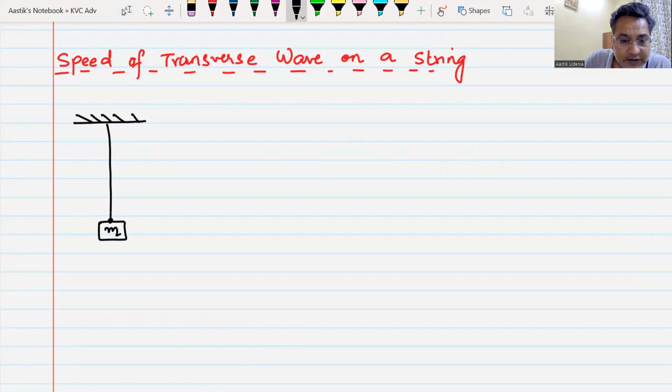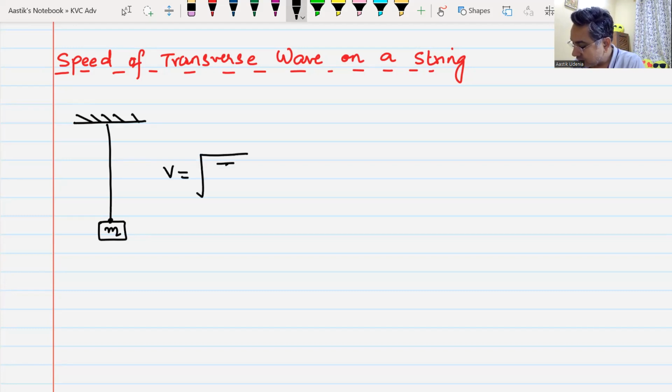Okay. Now we are not going to go into much detail. What we are going to do is write the speed of the transverse wave in this, and that will be equal to root of T by lambda. So what is lambda? Lambda is mass per unit length of the string.